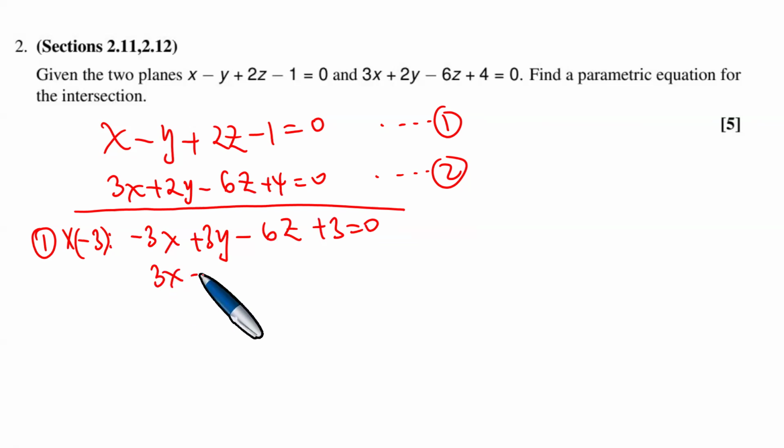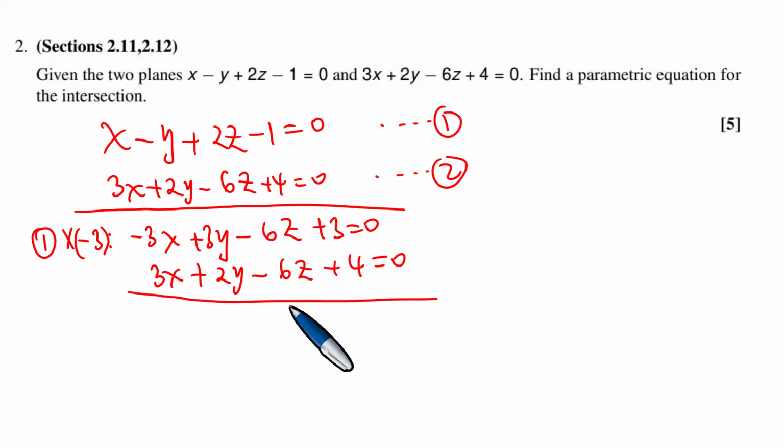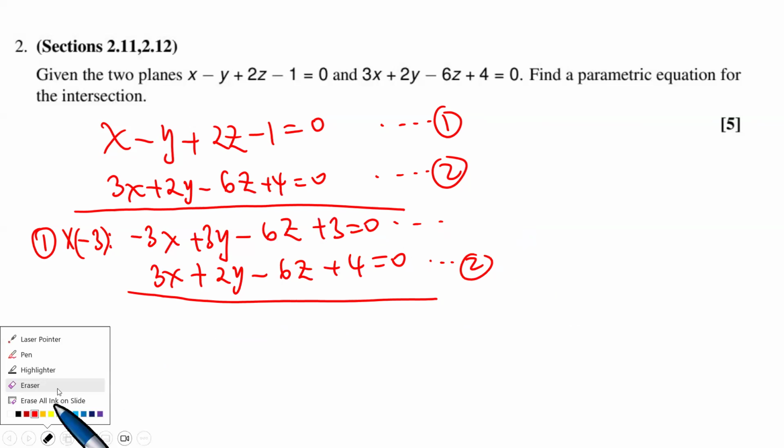This is 3x plus 2y minus 6z plus 4 equals 0. So this one becomes equation 2, and this one you can call equation 1 primed.